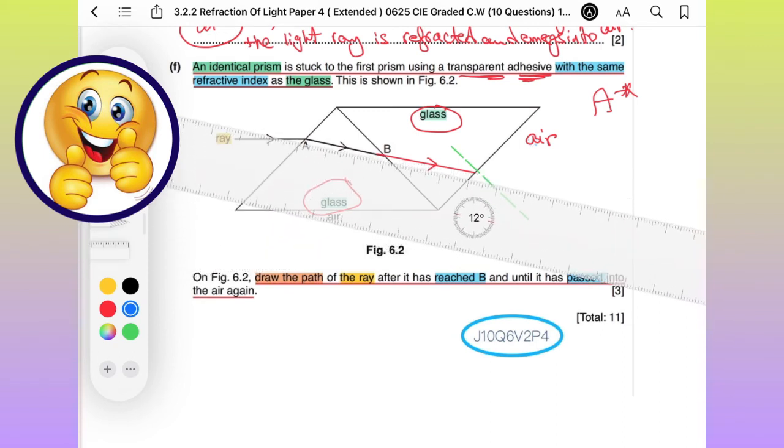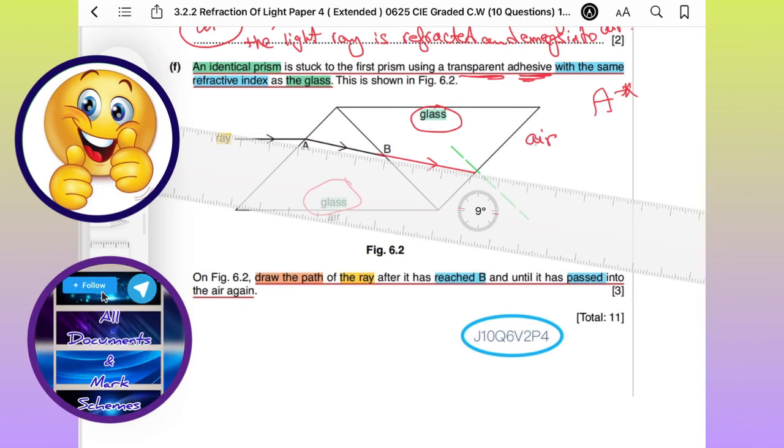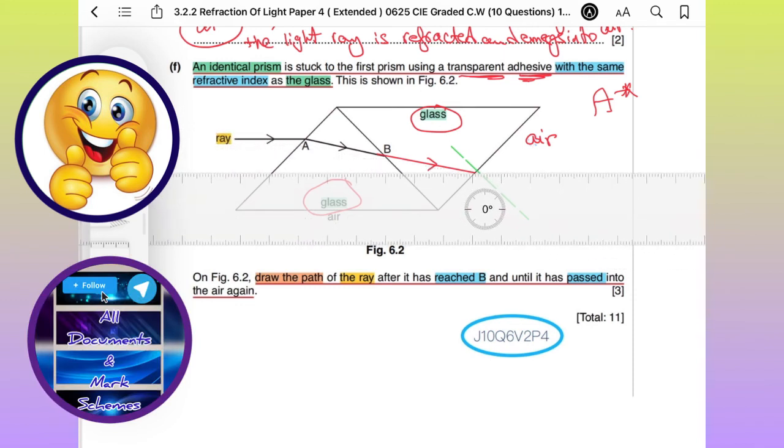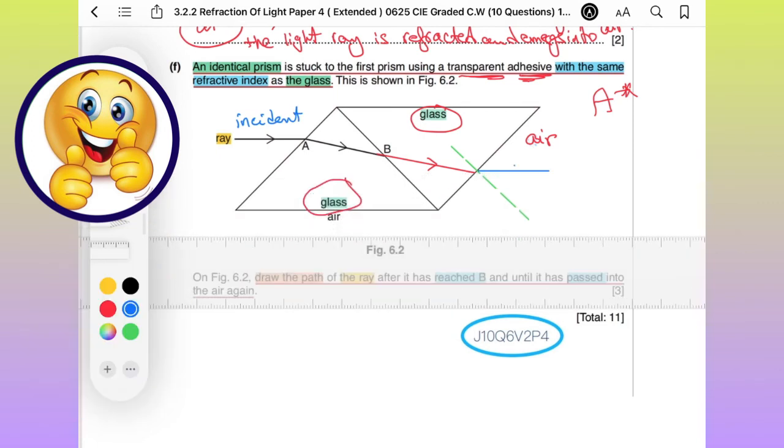So it will not continue in this direction. It will bend like this, parallel to this incident ray, as if it's like the rectangular glass block.